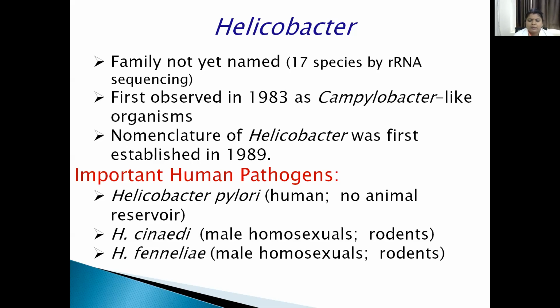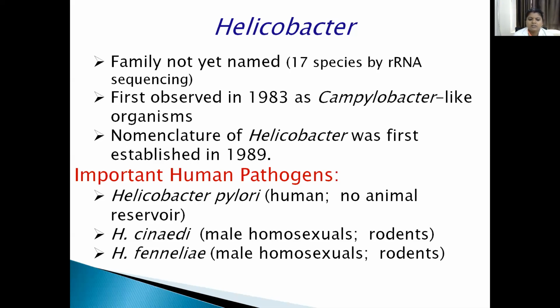The medically important human pathogens are Helicobacter pylori, Helicobacter cinaedi, and Helicobacter fennelliae. The most important pathogen for humans is Helicobacter pylori.